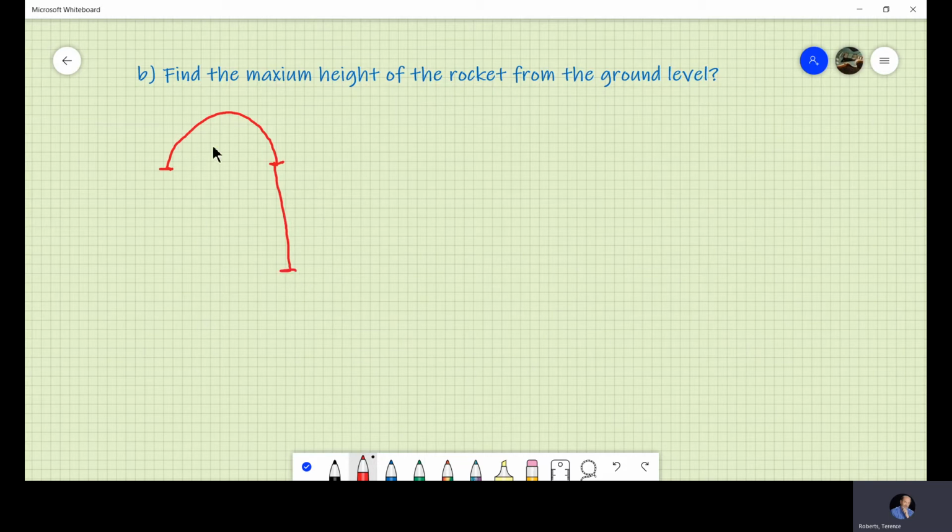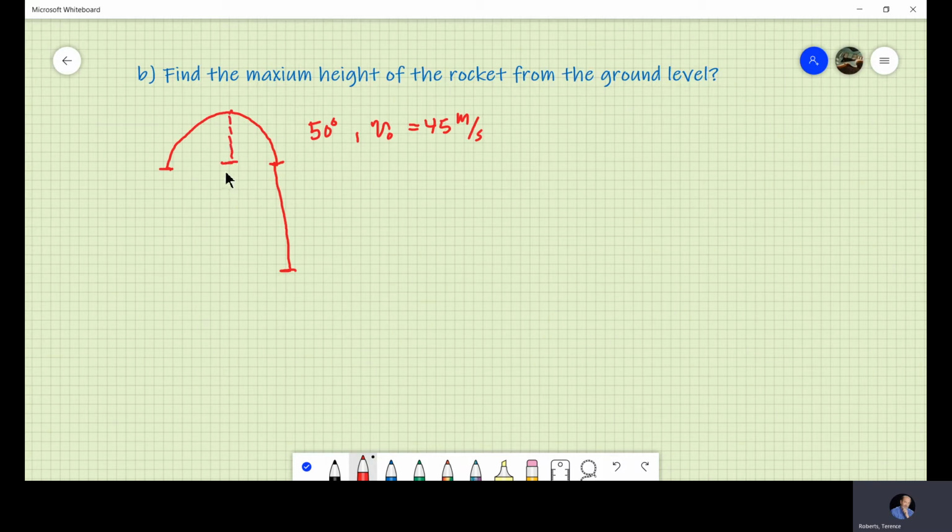Okay, so right here we have the 50 degrees as our angle, the angle of the initial velocity vector of 45 meters per second. So we can first solve the maximum height from here to here.